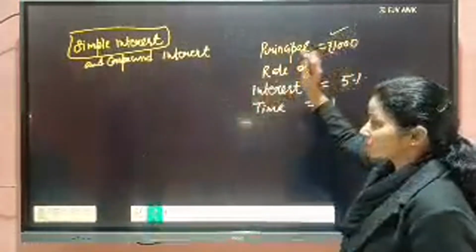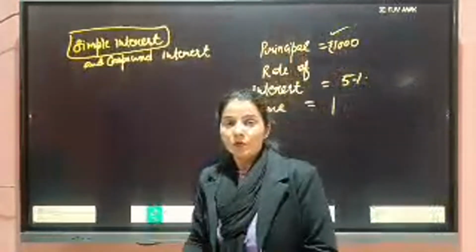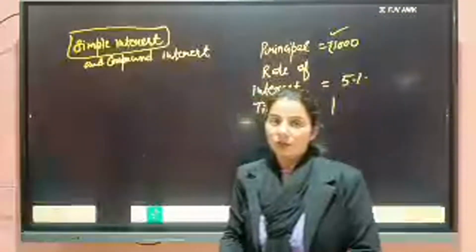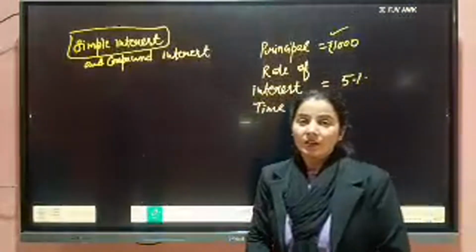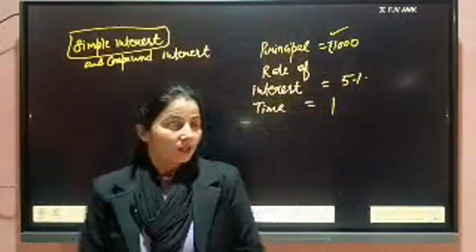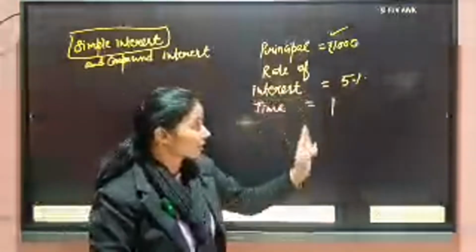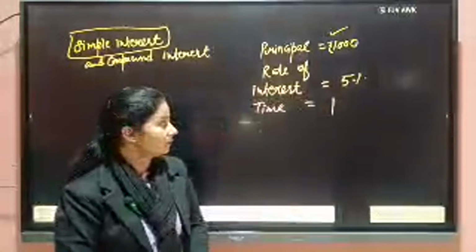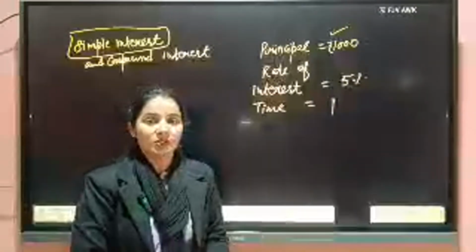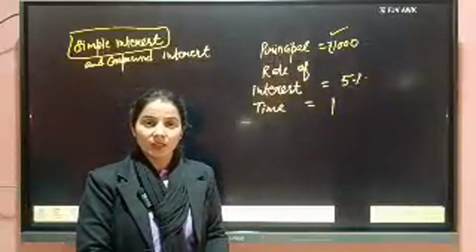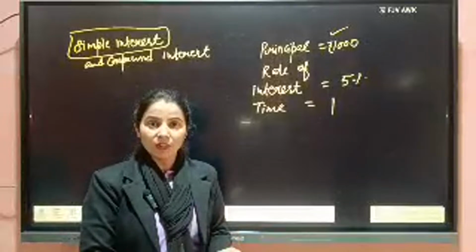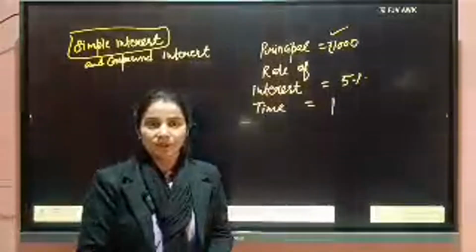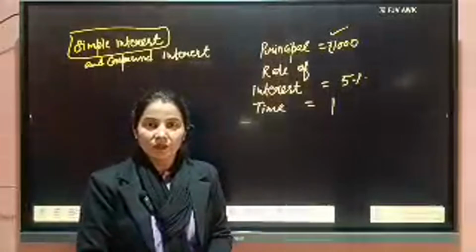What is principal? Suppose you are depositing some amount in a bank, and the bank is providing this rate of interest, like 5% per annum, and for 1 year you deposited. Then after 1 year, along with your principal, you will get some extra money, and that is called interest.